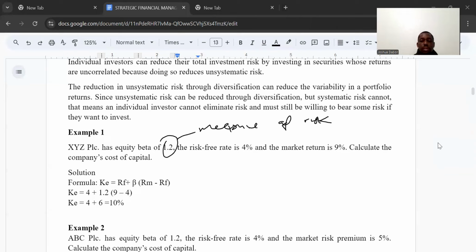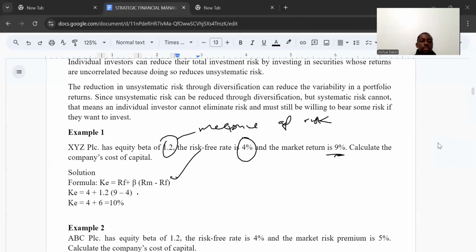The risk-free rate is 4%, and the return from the market is 9%. Calculate the company's cost of equity. This is the formula: cost of equity equals the risk-free rate plus beta into the return from the market minus the risk-free rate.